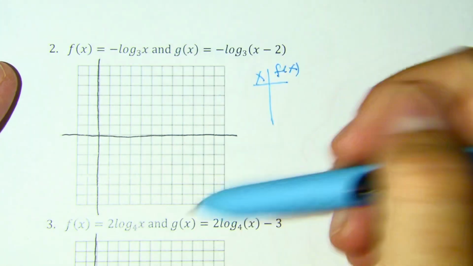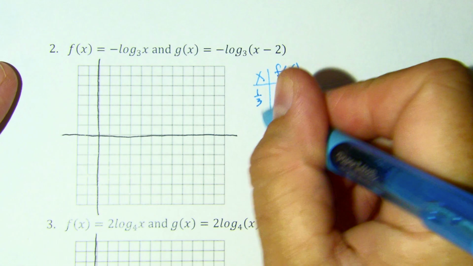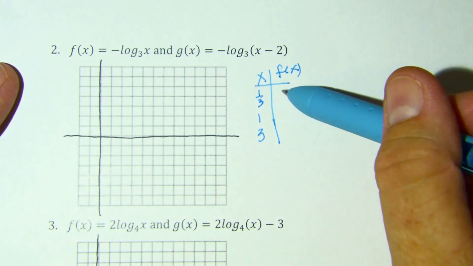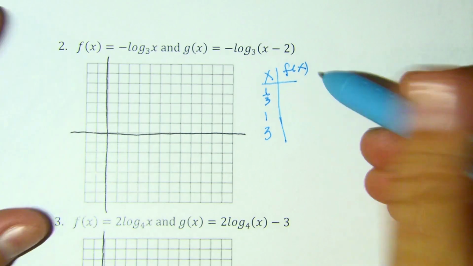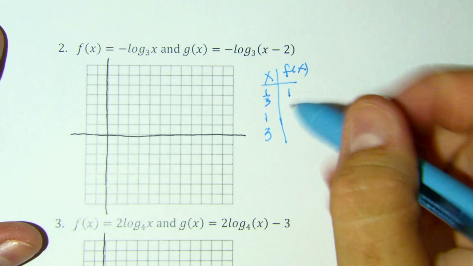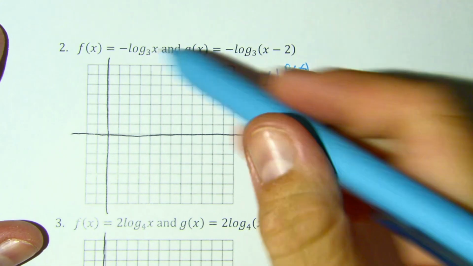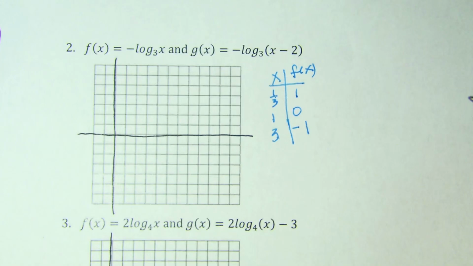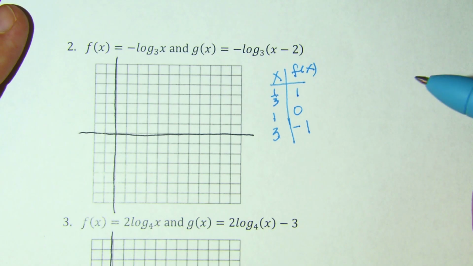I'm still going to plug in 1/3, 1, and 3. For 1/3, I usually got negative 1, but times a negative becomes positive 1. Plugging in 1, I got 0, and 0 times a negative is still 0. Plugging in 3, I got positive 1, but times a negative will be negative 1. So this is reflecting it across the x-axis.